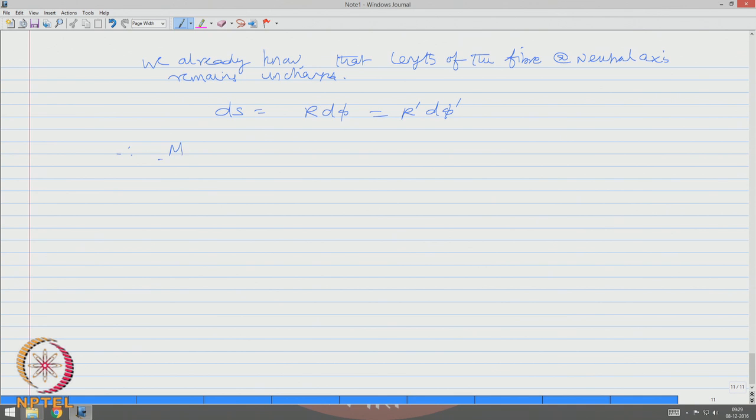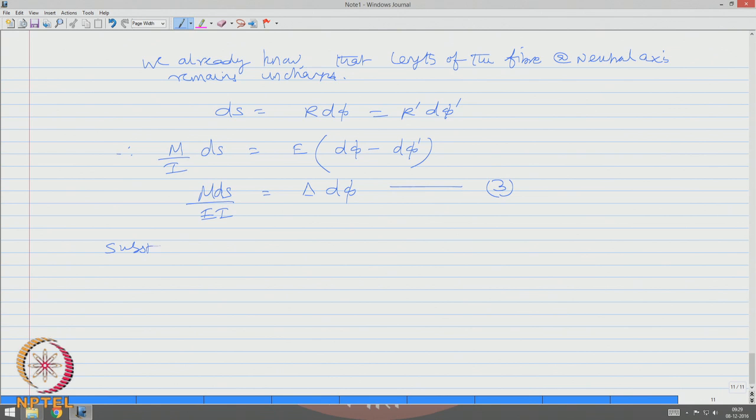Hence, M by I ds can be now said as E times of (d phi minus d phi dash), that is M ds by E I is delta d phi, equation 3.